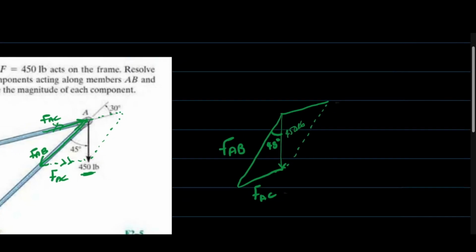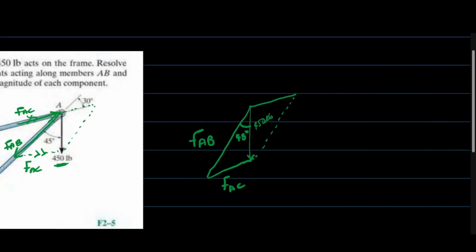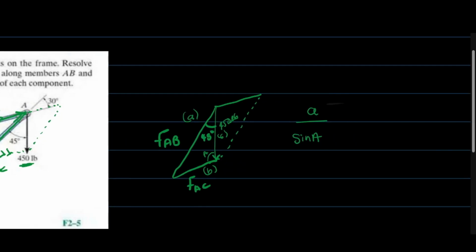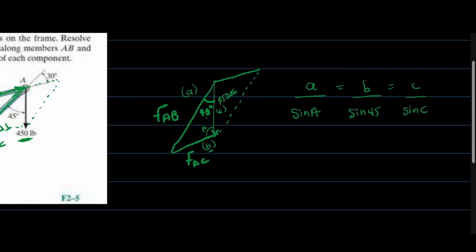Now we're going to use the sine rule, which is basically, suppose this is A, this is B, and this is C. The sine rule simply states we're going to have A, whatever is on this A side, over sine A, which is this point, equals B over sine of whatever is opposite B, that's this angle, 45, equals C over sine of the angle opposite C. Now, for A, we have FAB over sine A. We do not know what A is, we're going to have to find it.